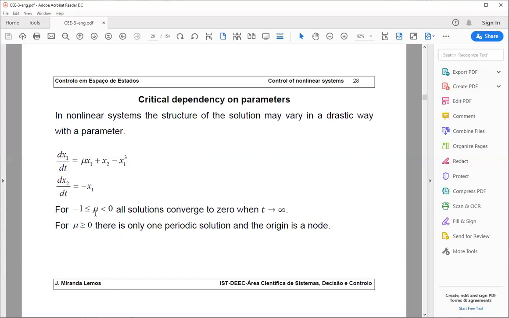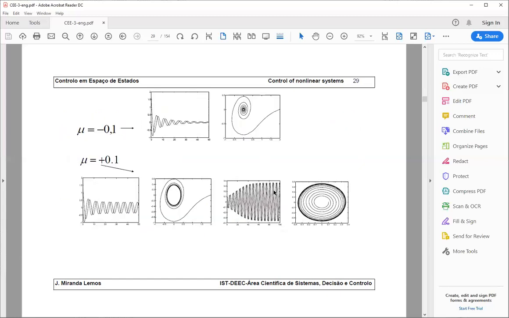Now, if mu is smaller than 0 and bigger or equal than -1, all the solutions converge to 0 when t goes to infinity. But if mu assumes the value 0 or positive, then there is only one periodic solution and the origin becomes a node.